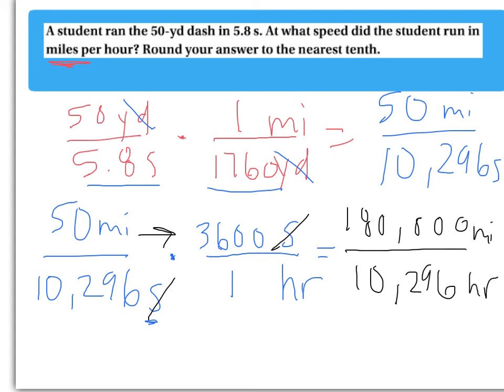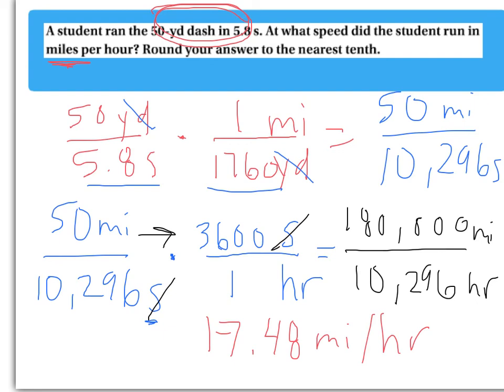So I actually am going to take that and divide this out because I want to know in 1 hour. So I'd take the 180,000 and I would get 17.48 miles per hour.